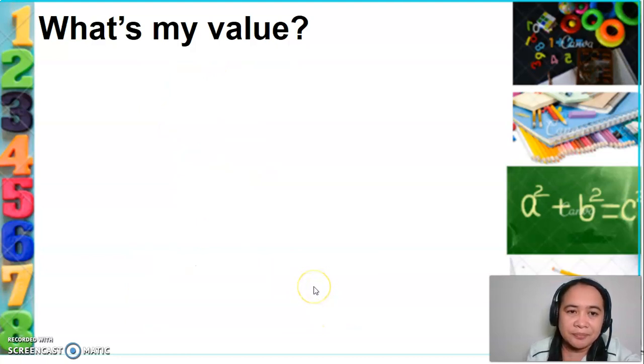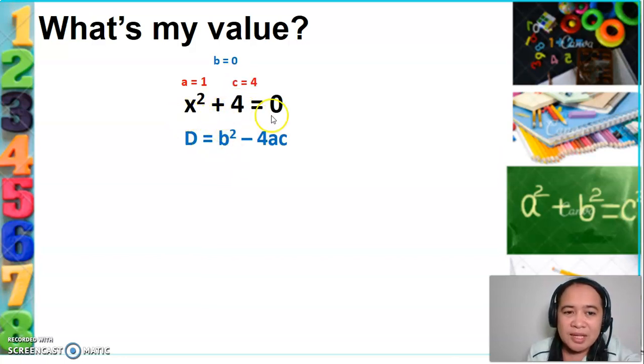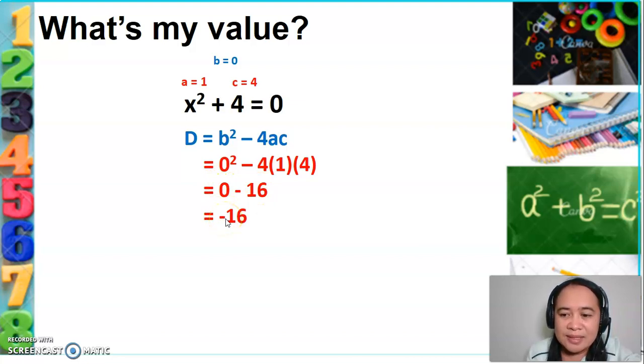Another example. In this case, the value for a is 1. There is no linear term, so therefore the value for b is 0, and the value for c is 4. Now substituting this in the discriminant formula, we will have 0 squared minus 4 times 1 times 4, or this is 0 minus 16, or it's negative 16.